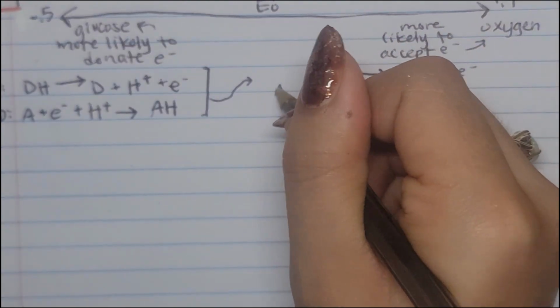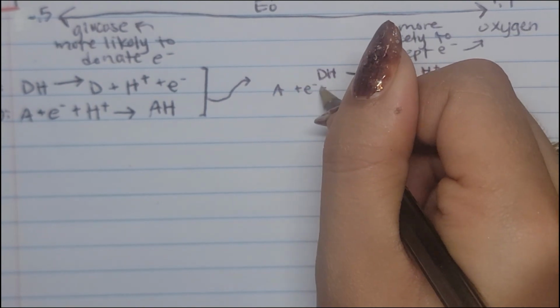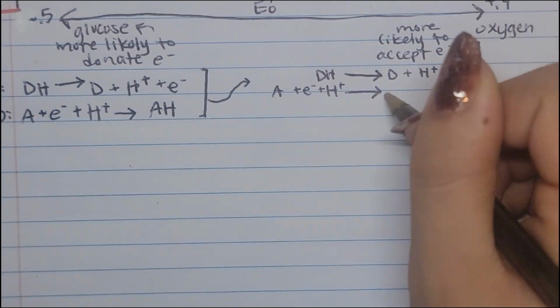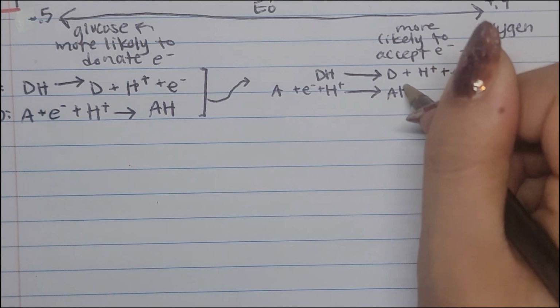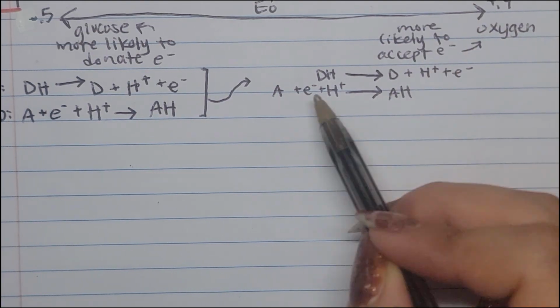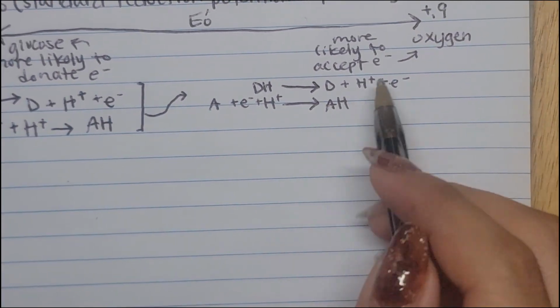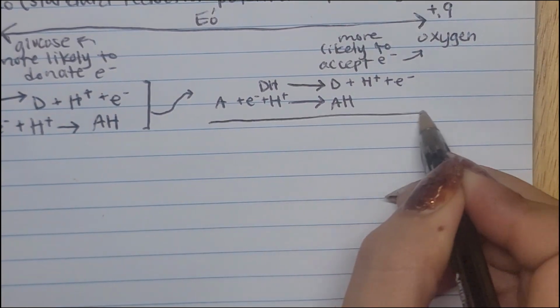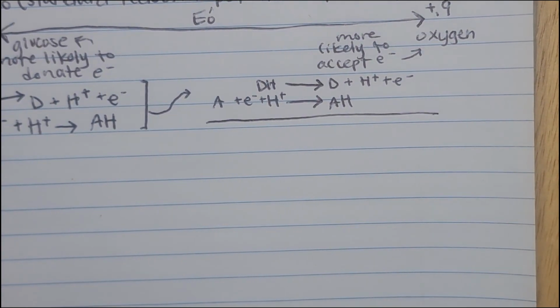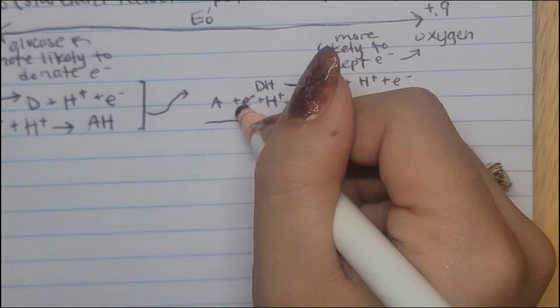And then we have A plus electron plus proton turning into AH. We can cross out the things that are on both sides. So if we were to add the reactions here, this is like Hess's law. If you know Hess's law, this is exactly like that.